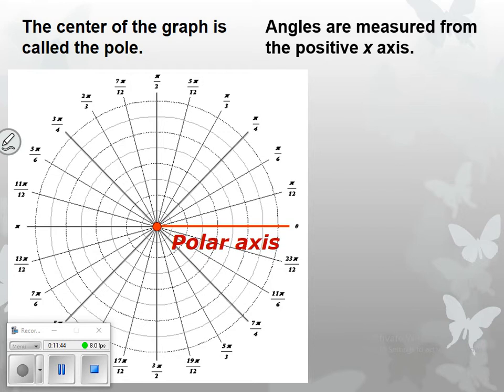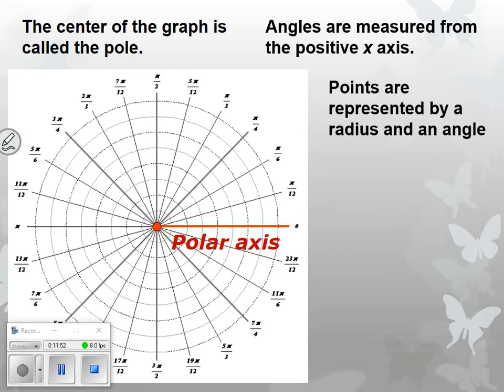That's the same procedure here. All angles are going to be measured counterclockwise. Okay, points are represented by a radius and an angle. So they're going to be an r comma theta, where r represents what circle your point is on from the pole, okay, which ultimately tells you the distance that you are from the pole.